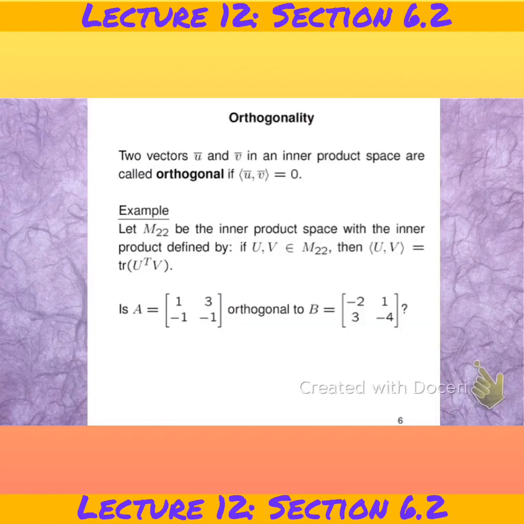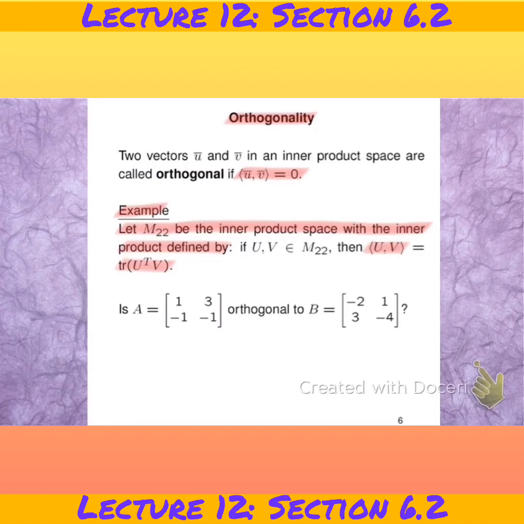Right, next we've got orthogonality. When are two vectors orthogonal? They're orthogonal whenever their inner product is equal to 0, just like with a dot product. As an example, look at the space M22, the inner product space, where the inner product is given by the trace of the matrix U transpose V. Now the question is, is A orthogonal to B?